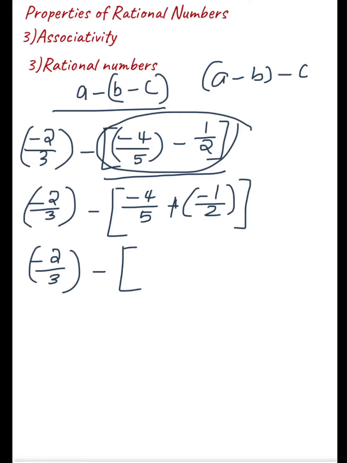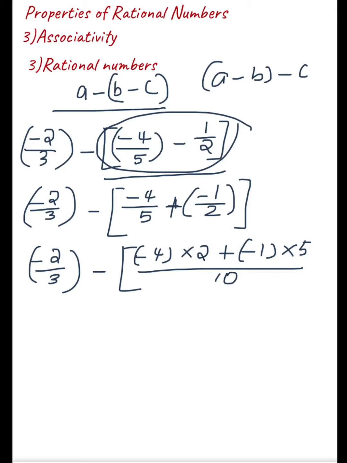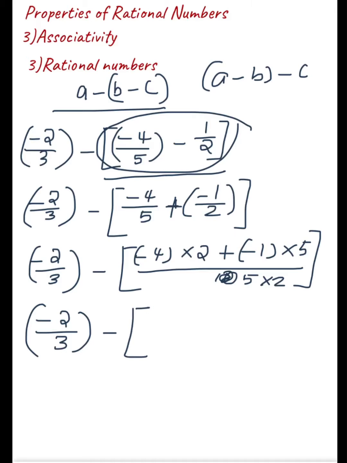So let's write the first number as it is and put the minus sign here. Now let's do this cross multiplication. So minus 4 into 2 plus minus 1 into 5, divided by, what is 5 into 2? 5 into 2 is 10. Or you can simply write here 5 into 2 itself for easy understanding. Now let's write the first number as it is, minus, what is inside the bracket?